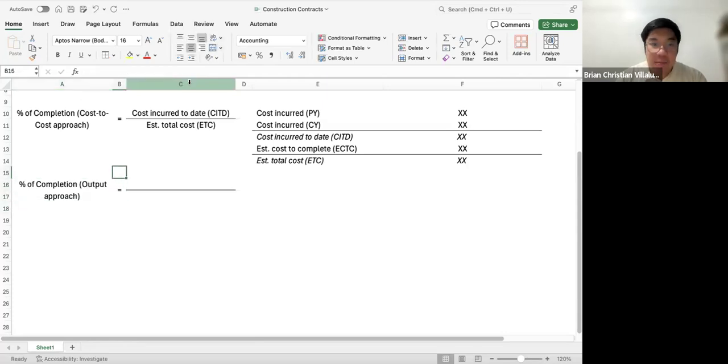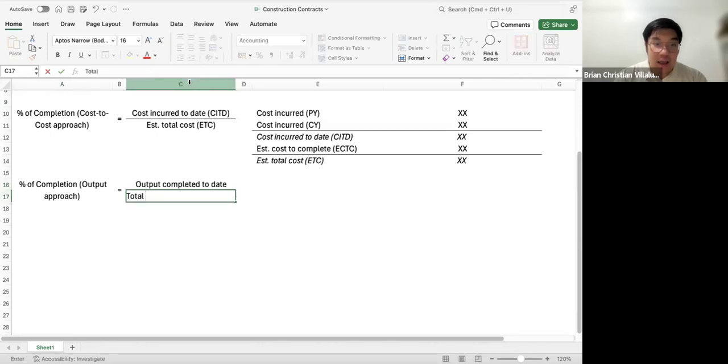So ano naman ang magiging formula ng percentage of completion natin kapag output approach tayo? That will be equal to output completed to date divided by your total required output.